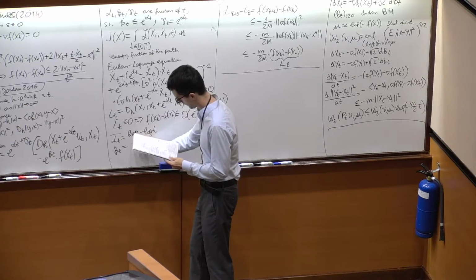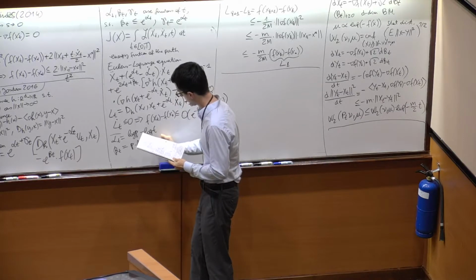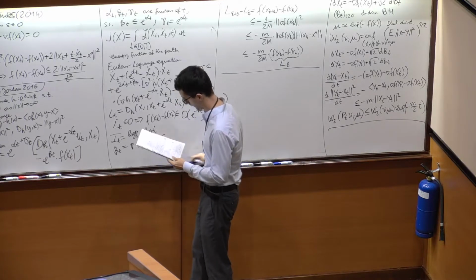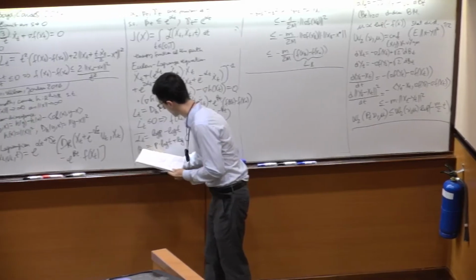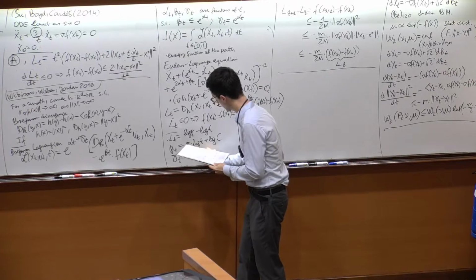So beta t will be chosen as p times log t plus log c, and gamma t is p times log t.